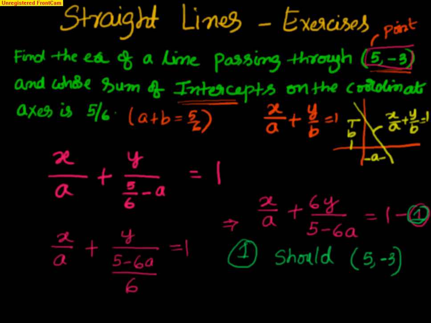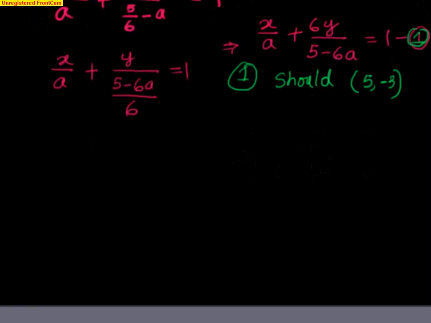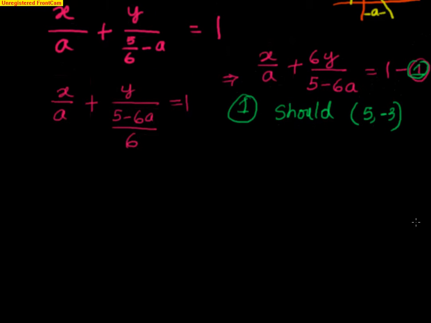So what I will do now is try to substitute this here. Let me do it here. I'll start the solving part here and I'll finish it before I close this. Now this is where we are. Equation 1 should satisfy 5 comma minus 3.